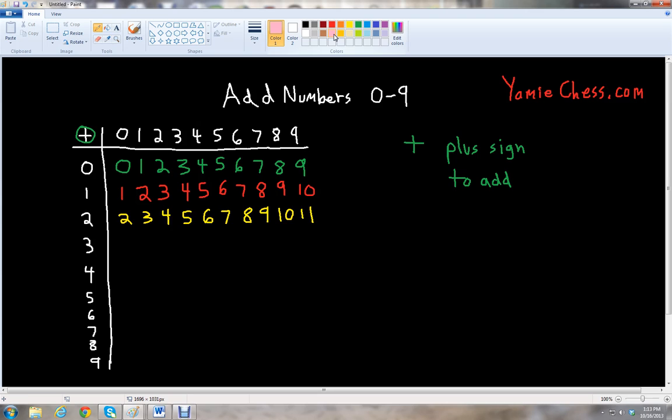So 3 plus 0 is 3. 3 plus 1 is 4. 3 plus 2 is 5. 3 plus 3 is 6. 3 plus 4 is 7. 3 plus 5 is 8. 3 plus 6 is 9. 3 plus 7 is 10. 3 plus 8 is 11. And 3 plus 9 is 12.